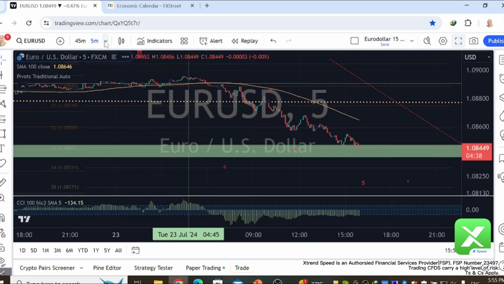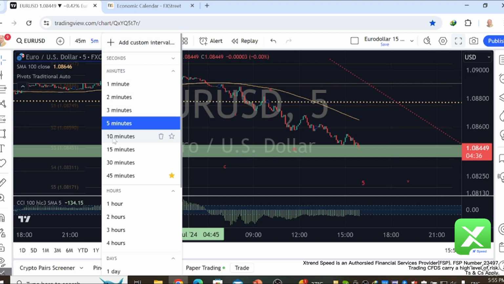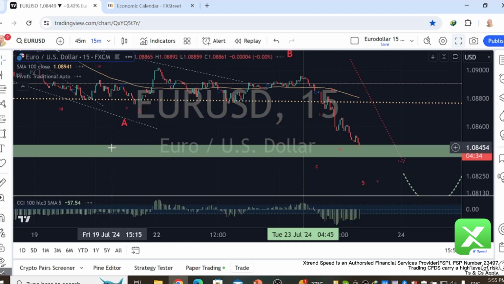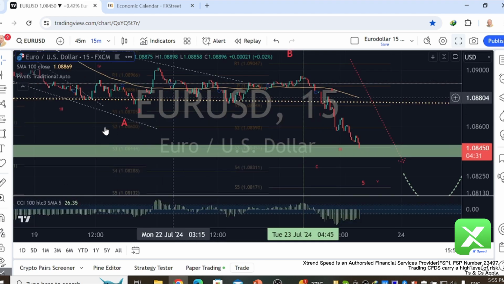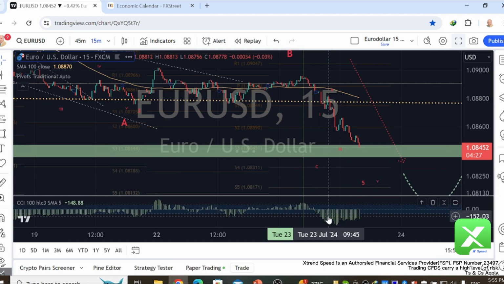Showing, of course, on the 5 and showing on the 15 minutes. We can clearly see we have an A and a B, and again we have a 1 and a 2 where you have that junction, internal junction.